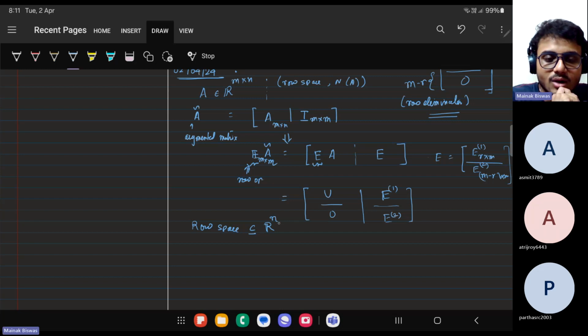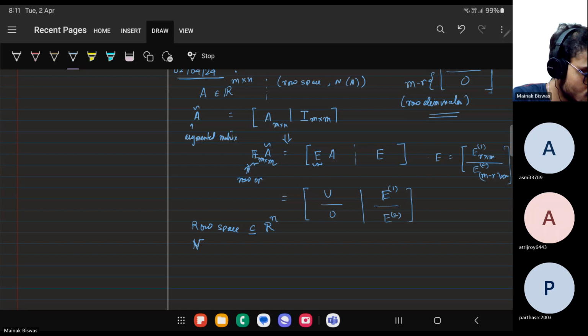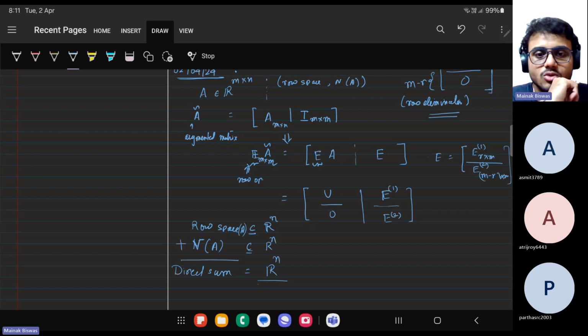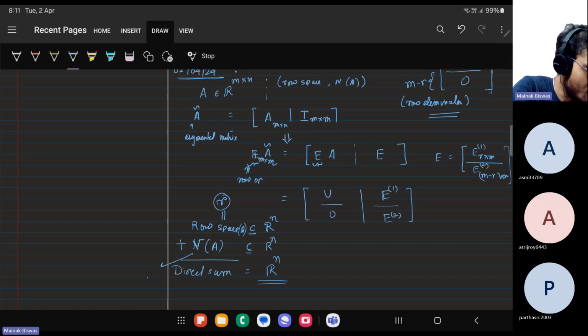What is null space a subspace of? Same, R to the power n. Good. So what do they form? If you add both of these, they form a direct sum, right? They always add up to R to the power n. You recall we did these things in the first two sessions. Yes. So the row space is of dimension r, null space is of dimension m minus r, rather n minus r.